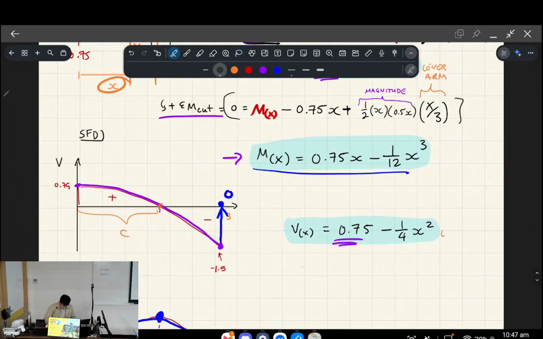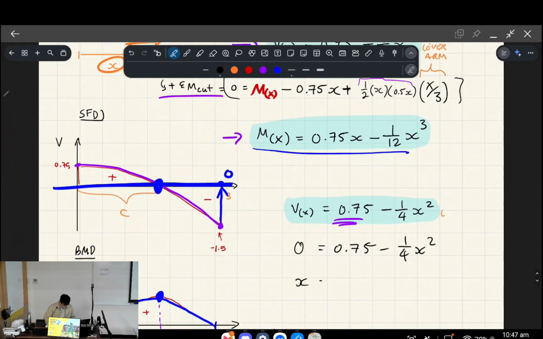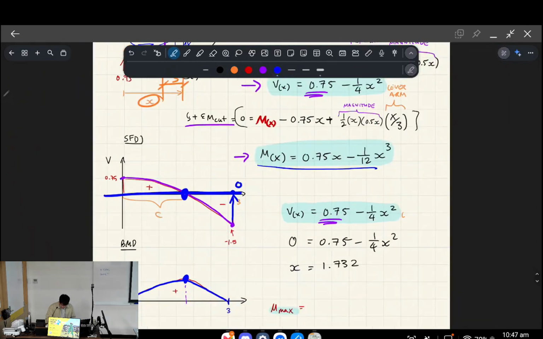So I'm just going to move this. If you set this to 0, that's where this line is, and you're looking for x. So if you rearrange and you find x, it's going to be plus or minus 1.732, so it goes out here on the left somewhere as well, but we don't really care about the negative point.